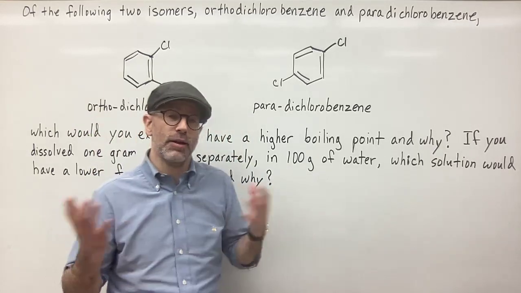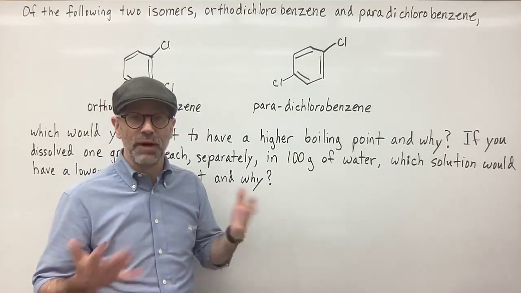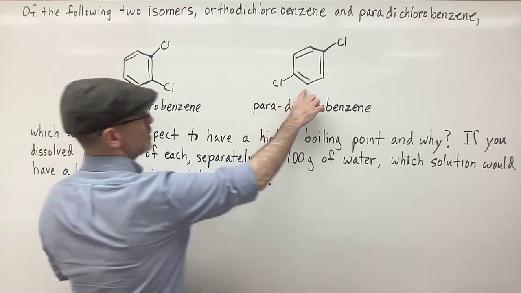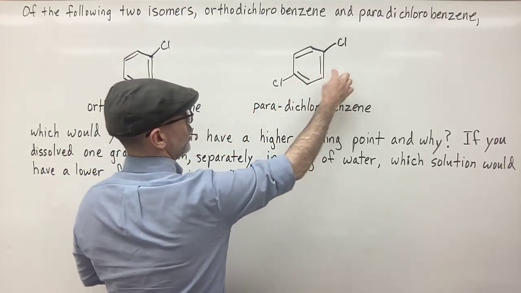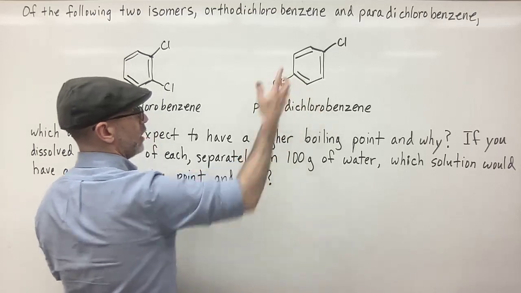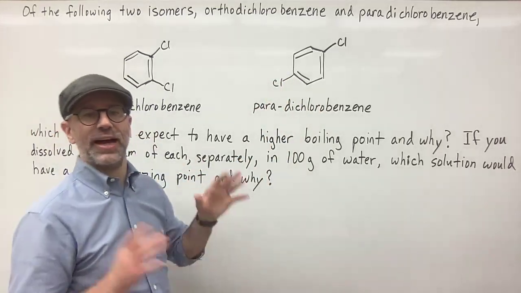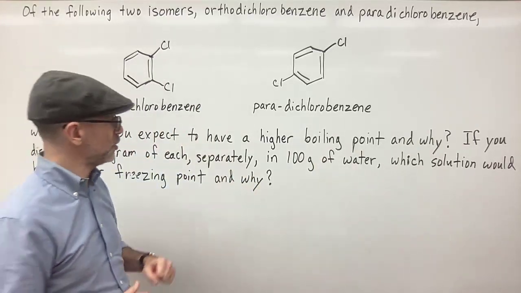You can think of meta as being middle, though this is probably not correct. That might help you remember. This carbon is in the middle of these two here. So this would be ortho, meta, para. Just an explanation. I know this is kind of an aside, but I thought I'd mention it.